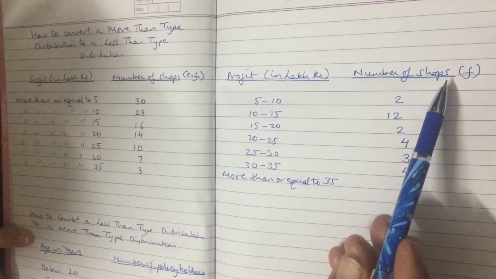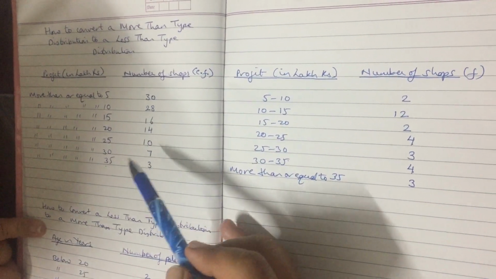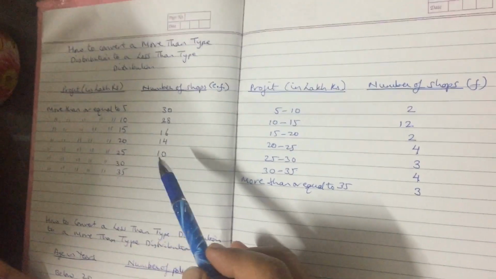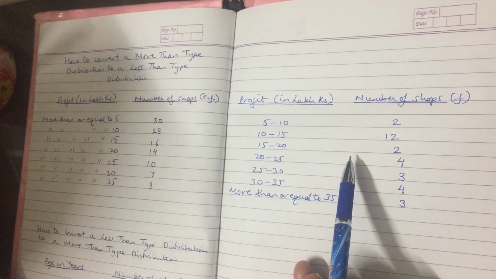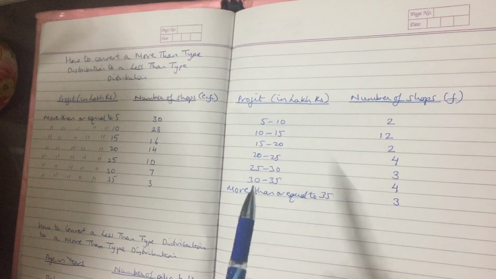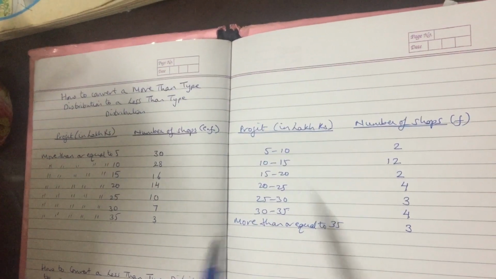So you have obtained the frequencies from the cumulative frequencies. So it is very important that you know how to convert a more than table into a normal table. This table now can be used for finding the median by the formula.